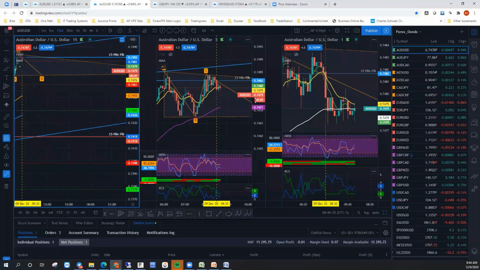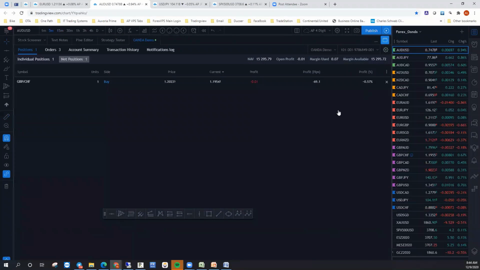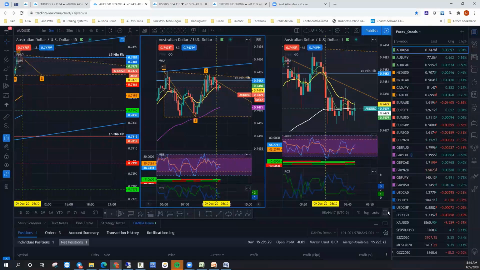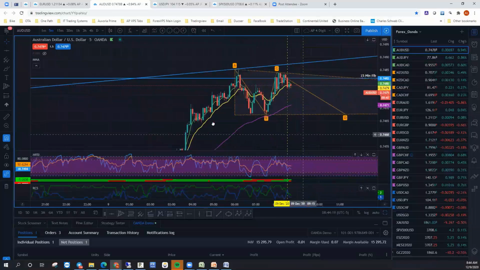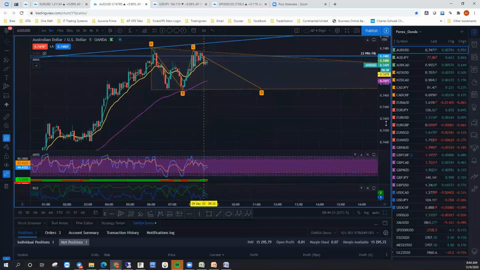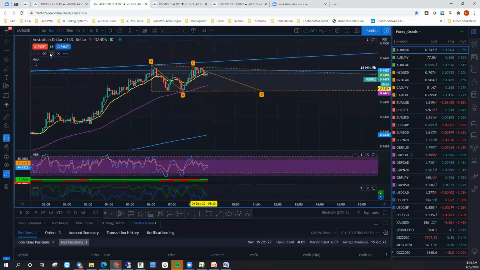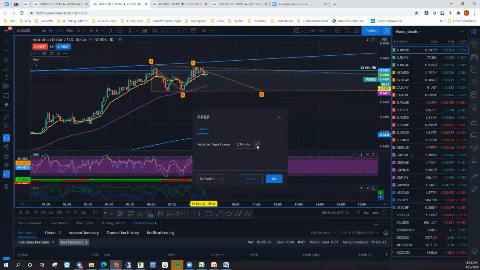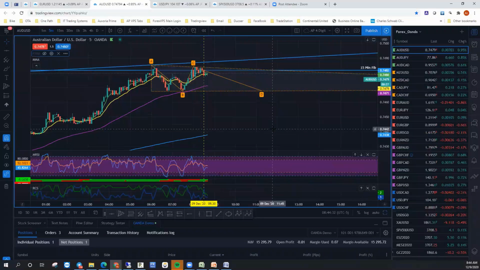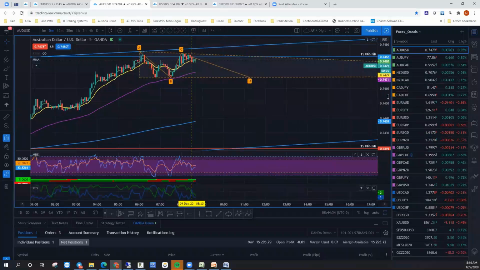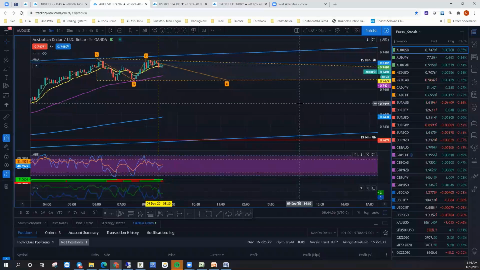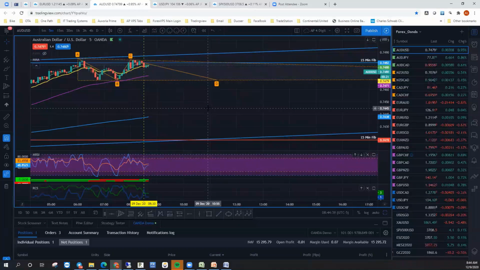Let's take a look at the 5-minute chart, and the Aussie US.